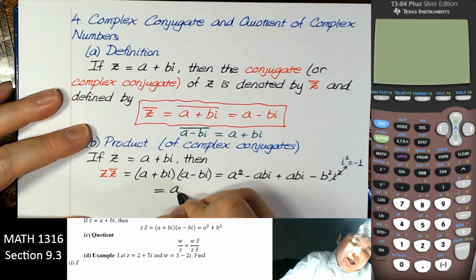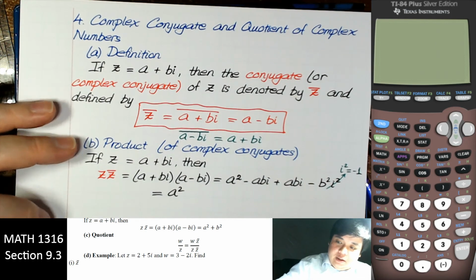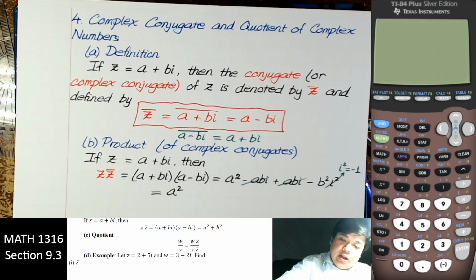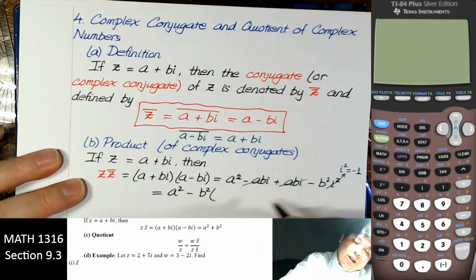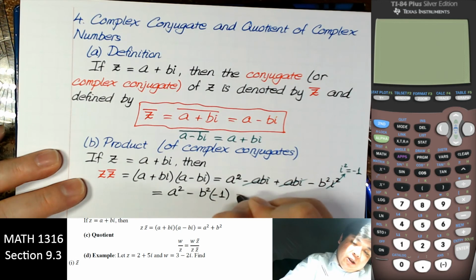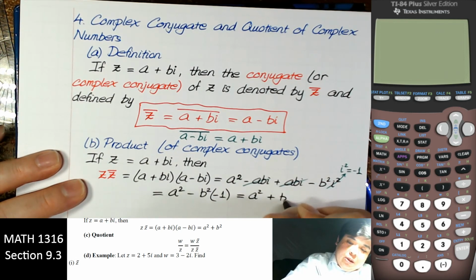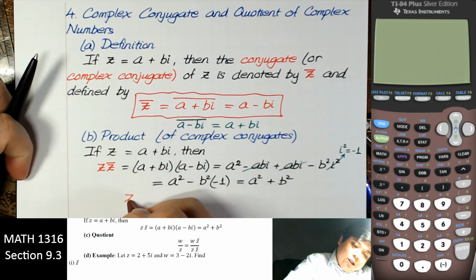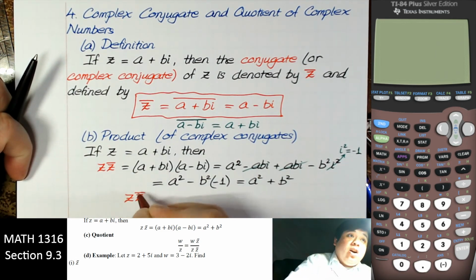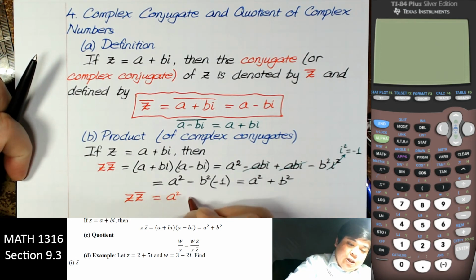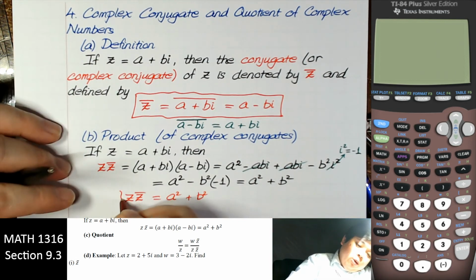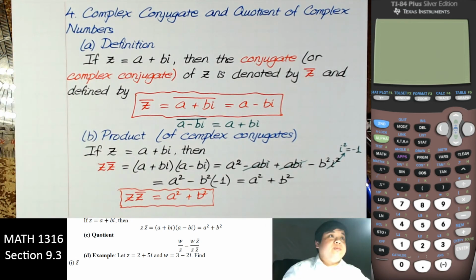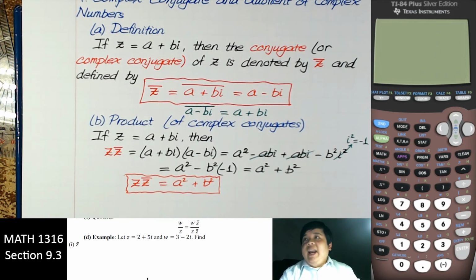So the abi terms cancel out, and negative b squared times i squared, which is -1, gives positive b squared. So a squared plus b squared. So the product of the number and its conjugate is equal to the square of the real part plus the square of the imaginary part. Now we divide them.